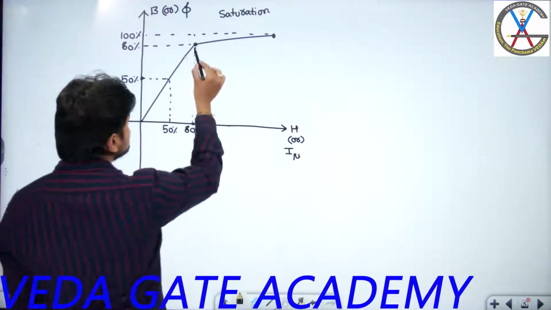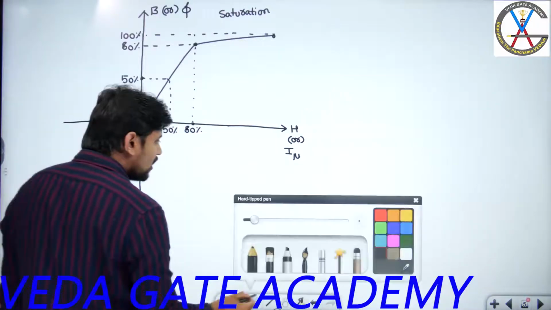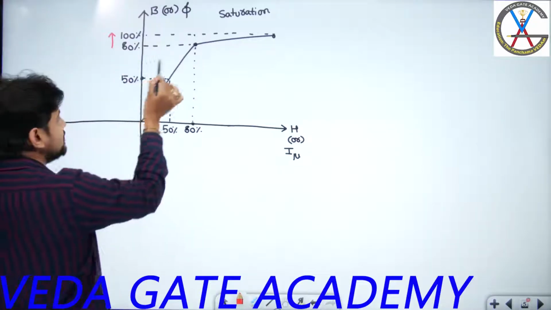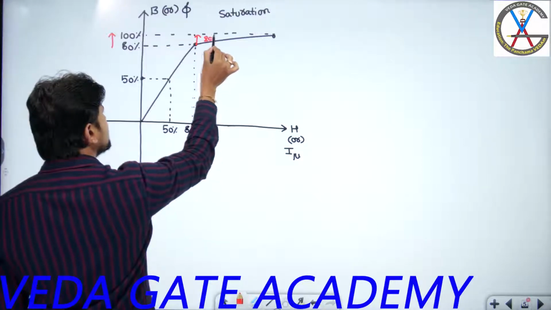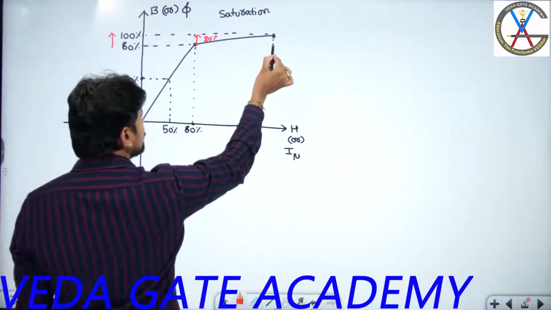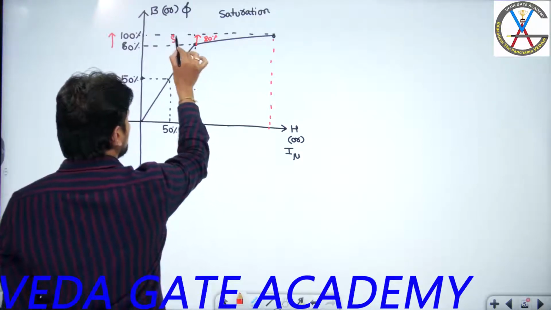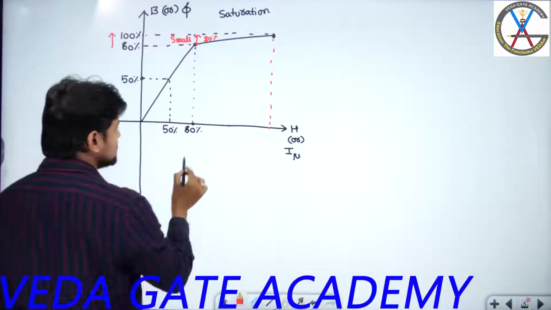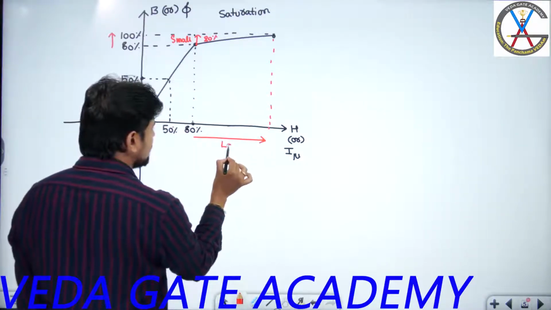Now whereas if you consider this region, for a small increment of flux of 20%, 80 to 100 means 20%. This increment from 80 to 100 is only 20%. For a small increment of flux, the amount of magnetizing current required is very small, right? So for a small increment of flux in this saturation region, is the magnetizing current increment percentage large or small?